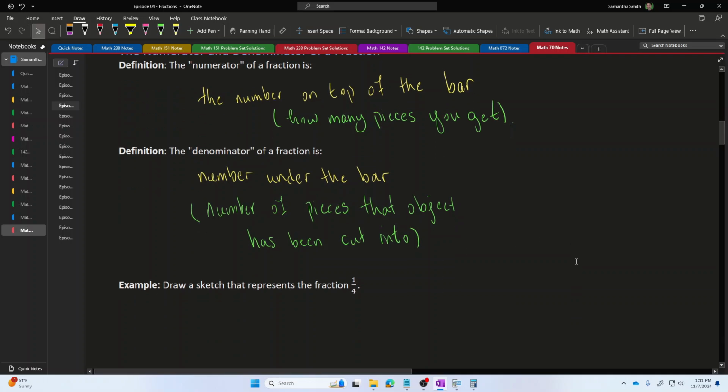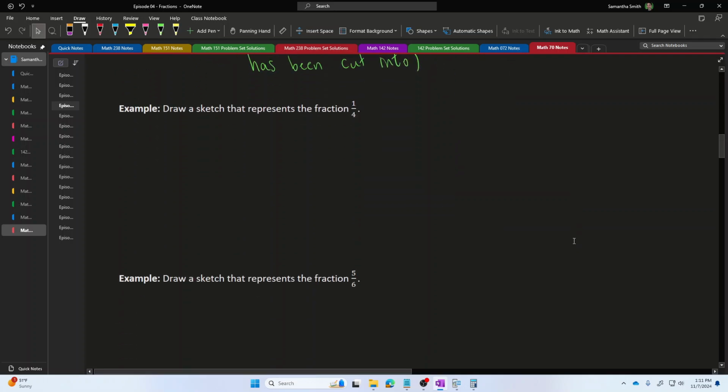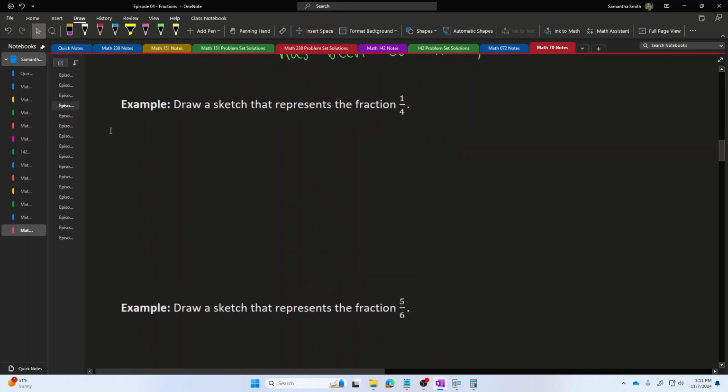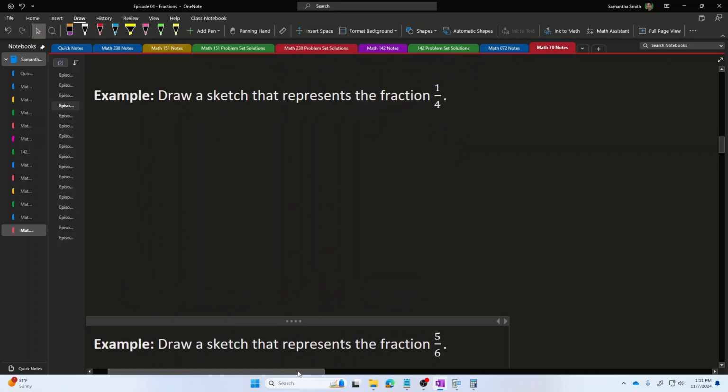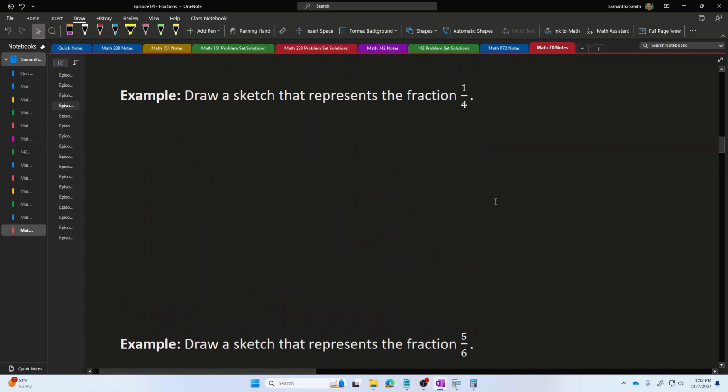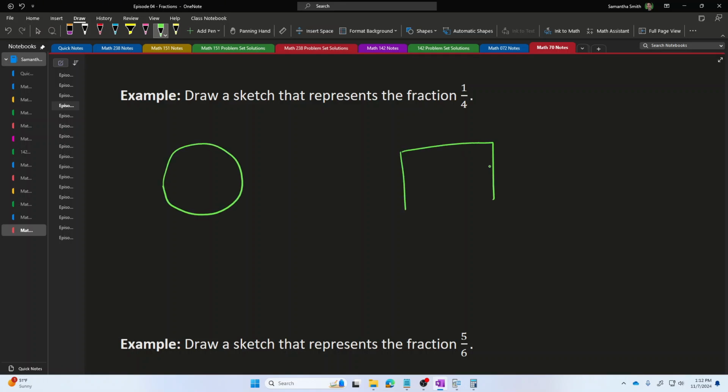So for example, if someone gave me the fraction 1 over 4, or you would also hear it called 1/4. If I were to draw a sketch that represents this fraction, then I would take an object like a circle or a square or a bar, and I would start by cutting that object into 4 pieces.